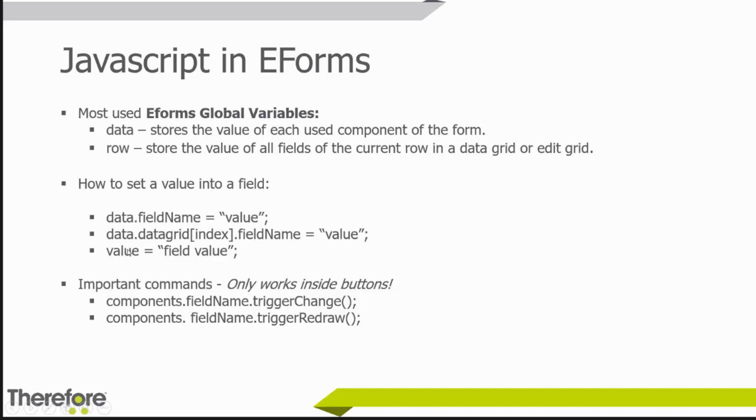Or if you are inside the component, inside the JavaScript text code editor, you can use value directly because it refers directly to the component, and set the value you want, right?